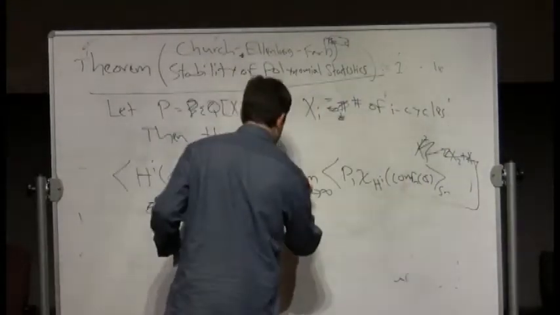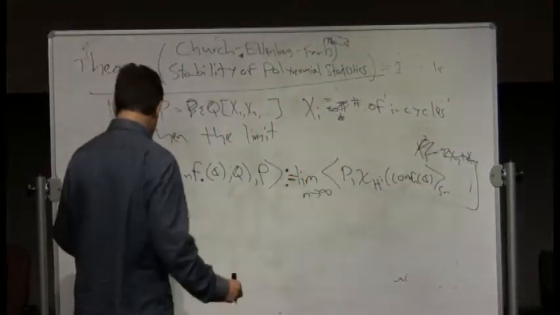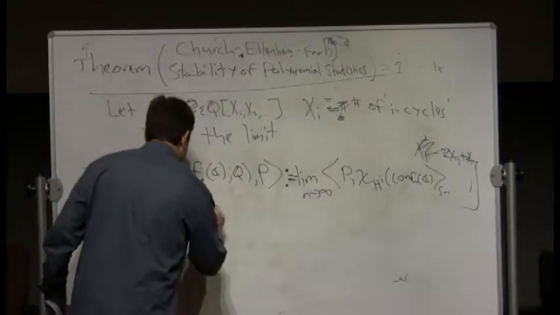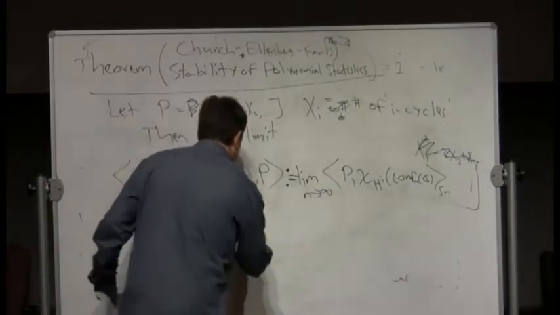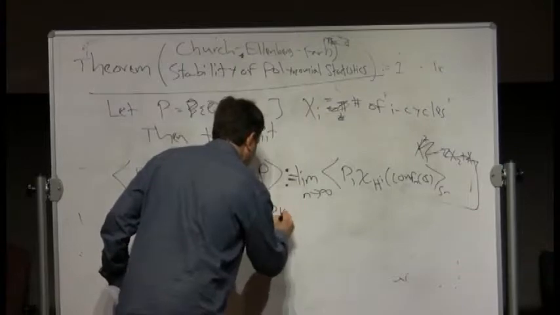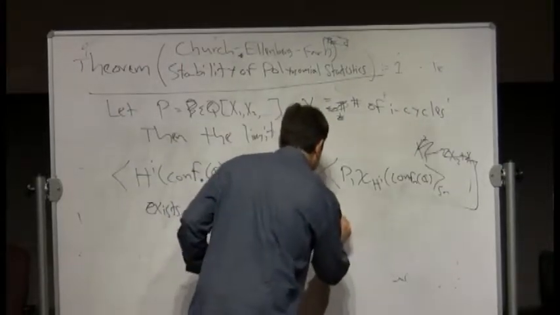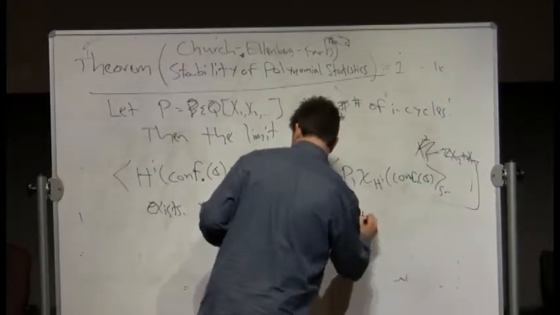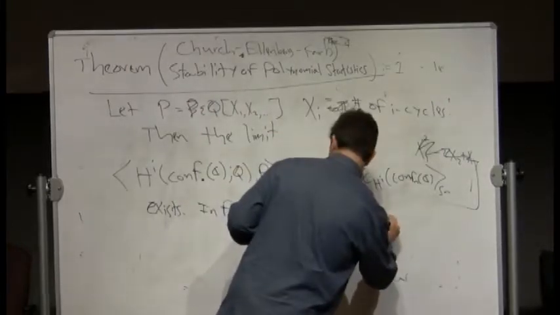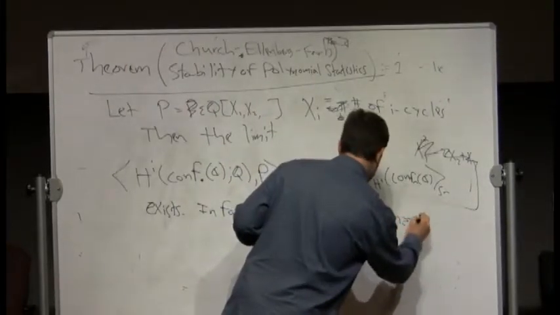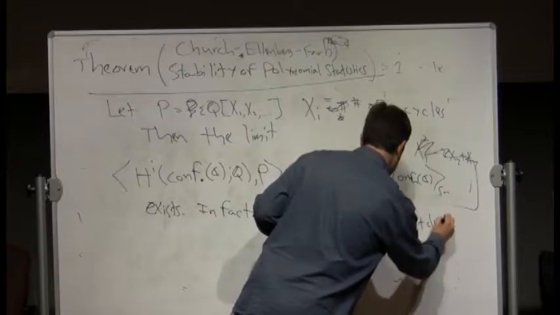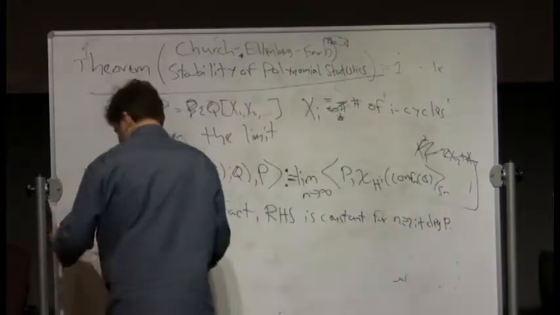I'm defining it to equal that limit. And in fact, the right-hand side is constant for n greater than or equal to 2i plus the degree of your polynomial. I'll comment on this in a second.